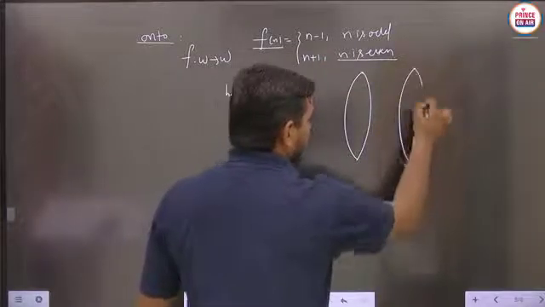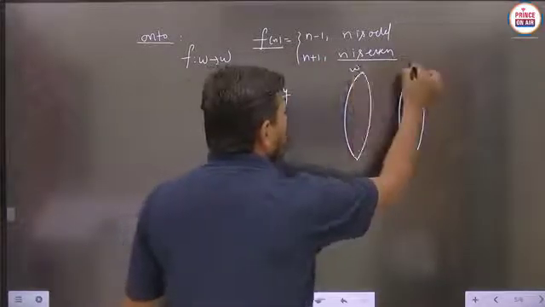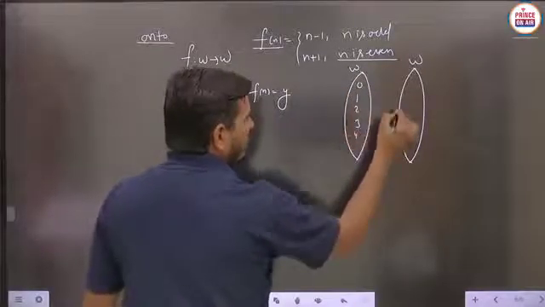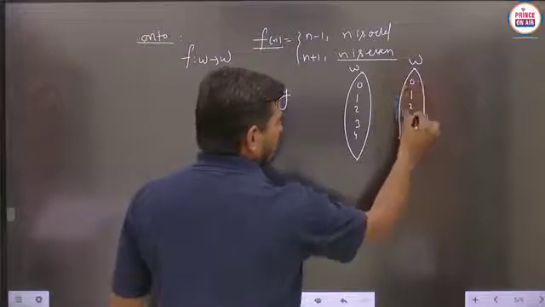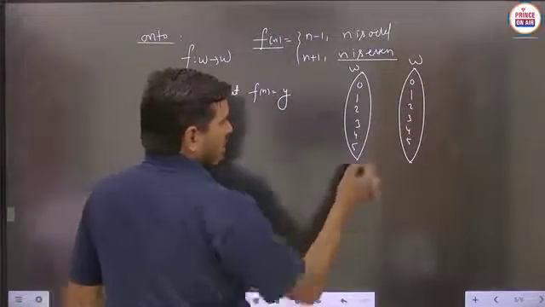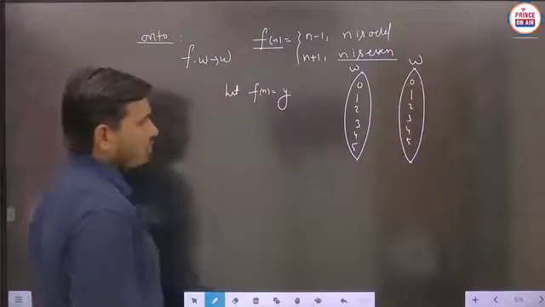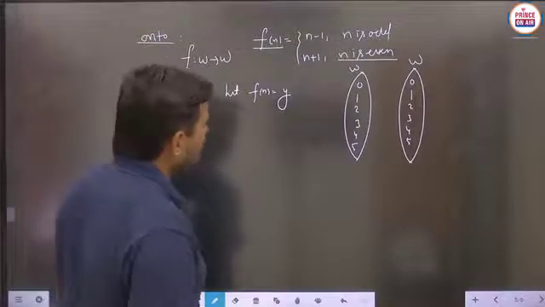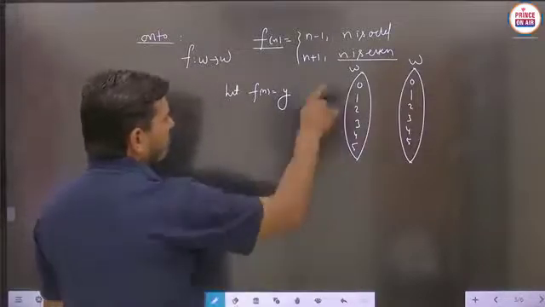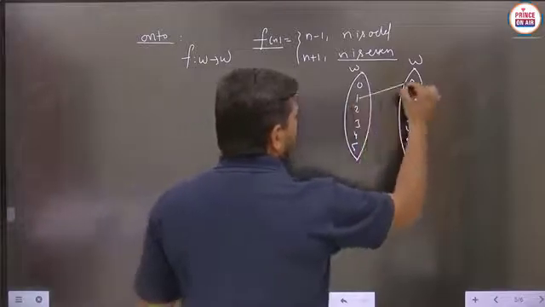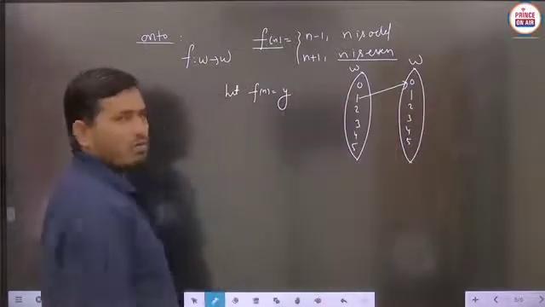Students, this is the set of whole numbers, and this is the set of whole numbers. Here we write 0 1 2 3 4, and here we write 0 1 2 3 4 5 and many more. Suppose we have to check the pre-image of this part. Suppose n equals 1 we are putting here, then the pre-image of this part will be this, no problem.